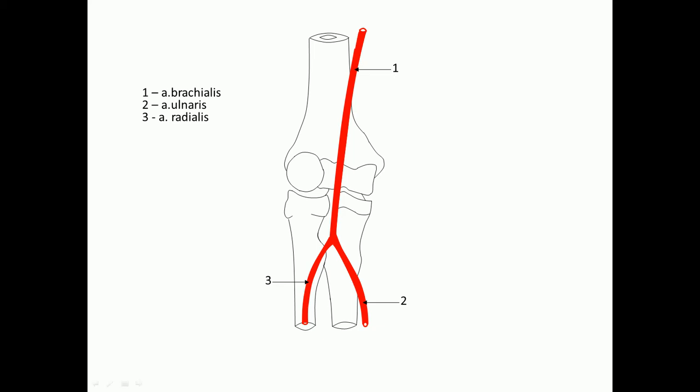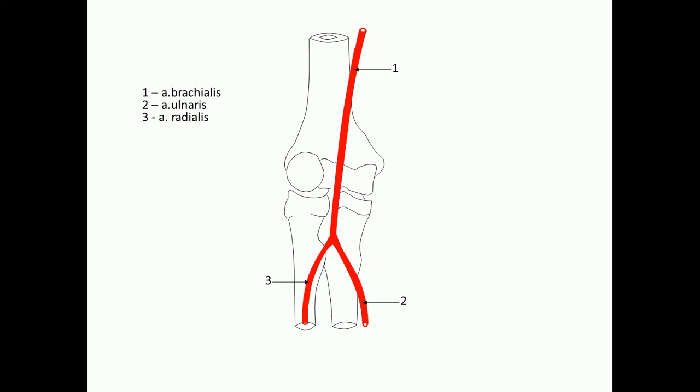And the forearm, which has two bones, the radial bone and the ulnar bone, corresponds also to two arteries supplying this region. So, two bones and two arteries. One bone, one artery. It's a good rule for understanding that our body is quite logically created.